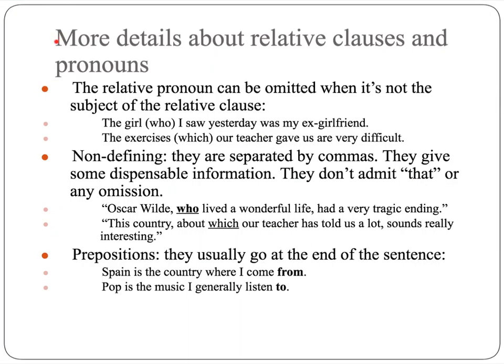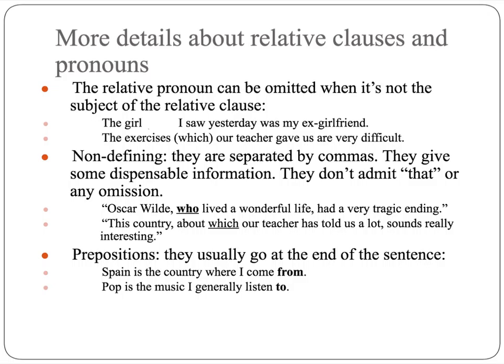Now here we have more details about relative clauses and the pronouns, okay? Now many times the relative pronoun can be omitted when it's not the subject of the relative clause, okay? For example, we can say the girl who I saw yesterday was my ex-girlfriend, or we can also say the girl I saw yesterday was my ex-girlfriend.